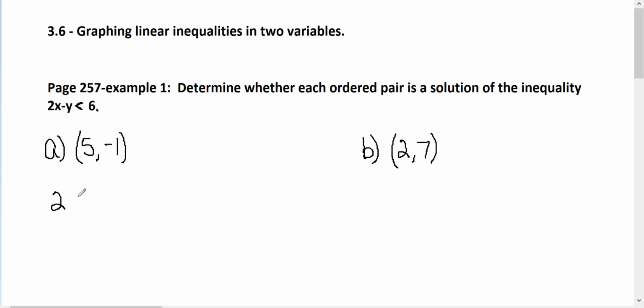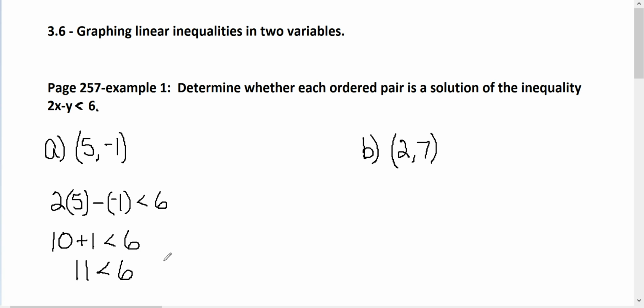So it's going to be 2 times 5 minus negative 1 for the y, is less than 6. 2 times 5 is 10, plus 1 is less than 6. 11 less than 6? Nope, this is false.